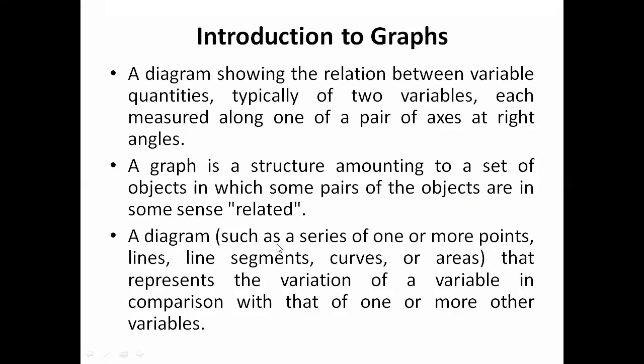A diagram, such as a series of one or more points, lines, line segments, curves, or areas, represents the variations of a variable in comparison with that of one or more other variables. It may be in line form, curve form, or area form, like a pie diagram, pie graph, histogram, and many more.